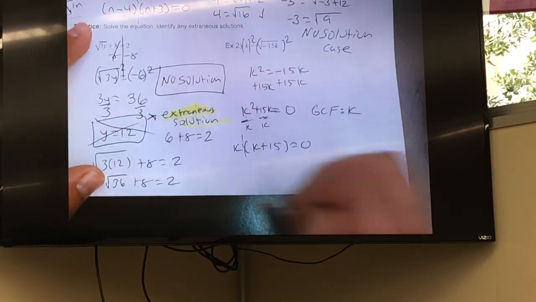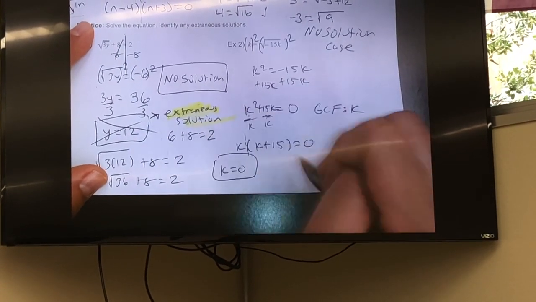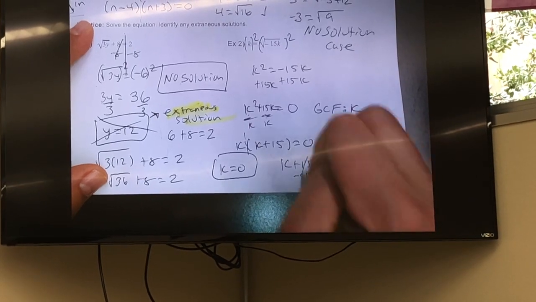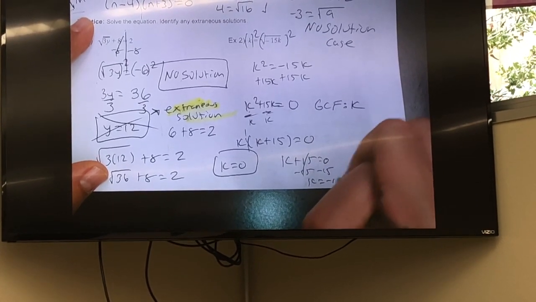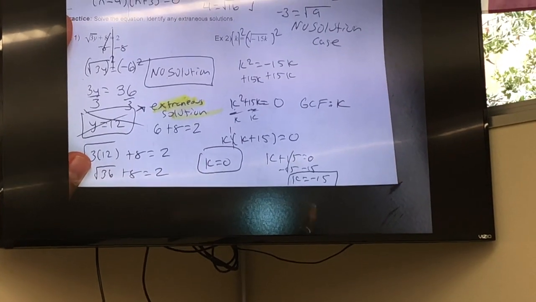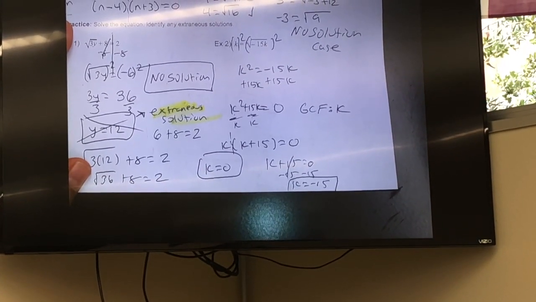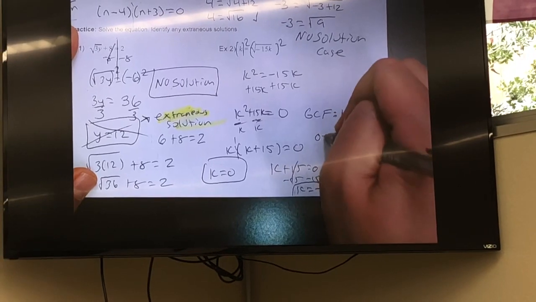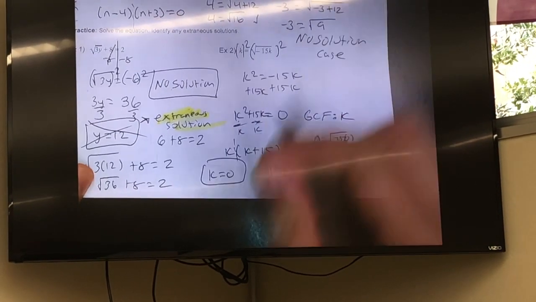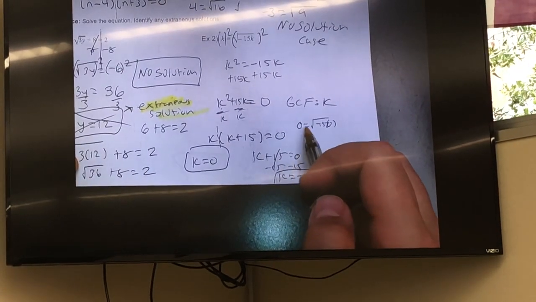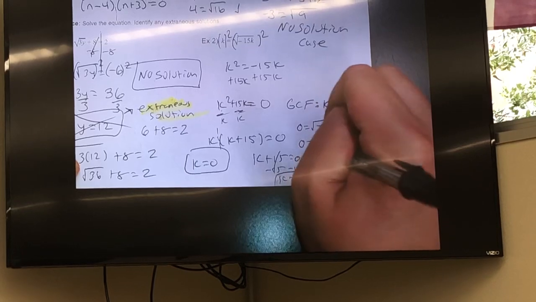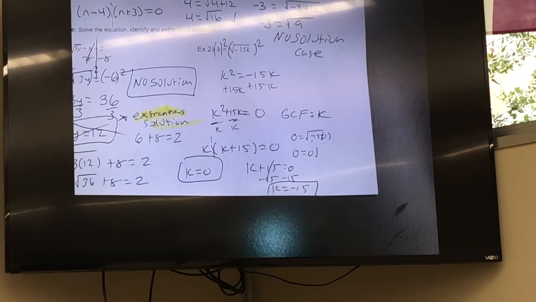Again, we are going to split these and set them both equal to 0. So right now, k equals 0 and k equals -15. Plugging them back in. Running out of room here, 0 equals the square root of -15 times 0. We know that that's 0 equals 0, so that checks out.